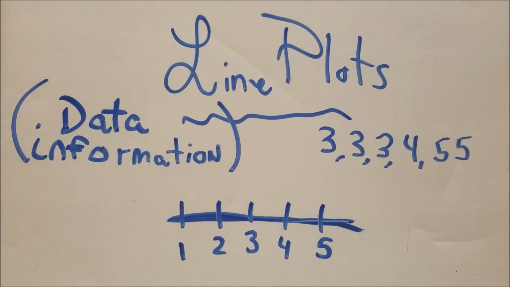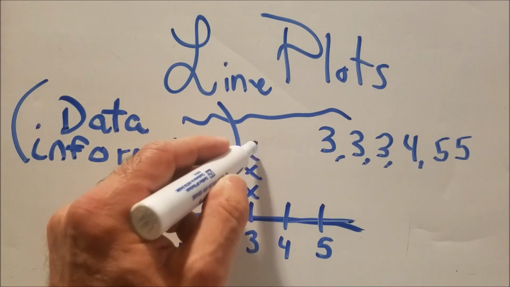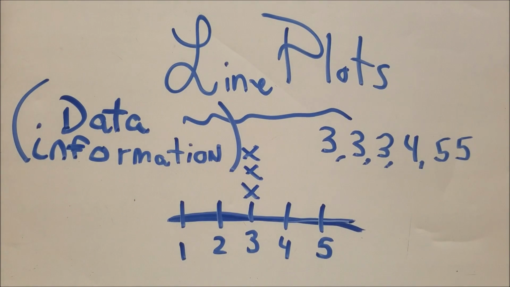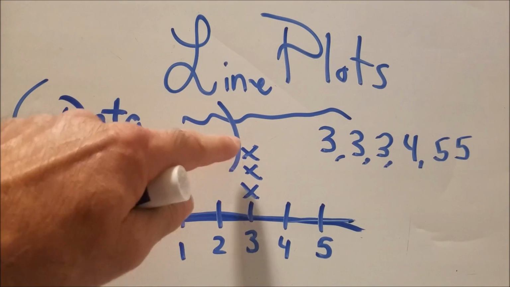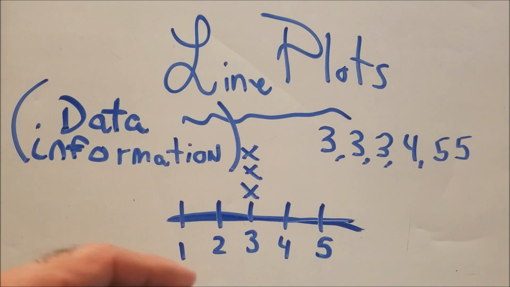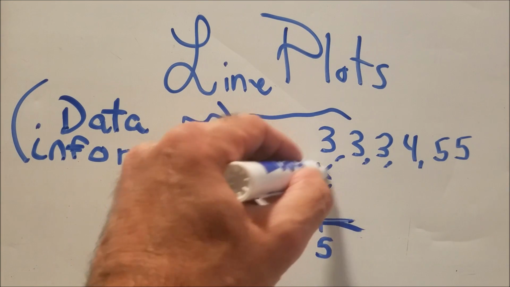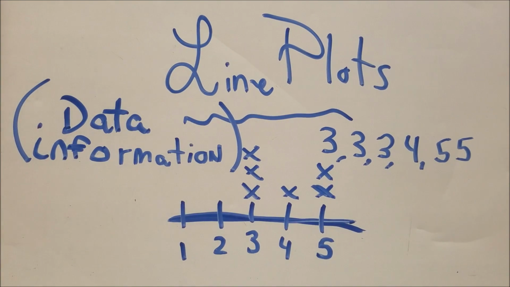And how many 3s do we have? We have 3. Sometimes people put a dot, or you can put an X, right? So here we have 3 for 3. Makes sense. And there was 1 for 4, and there were 2 for 5. This is also called a dot plot.